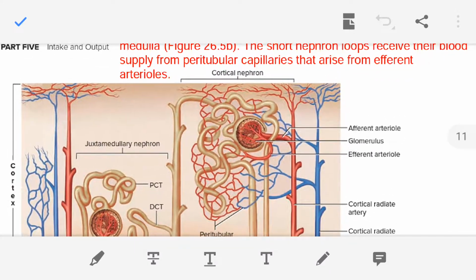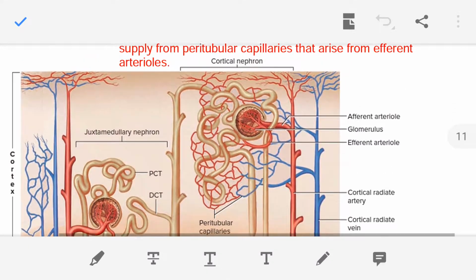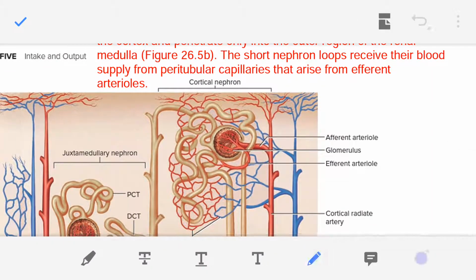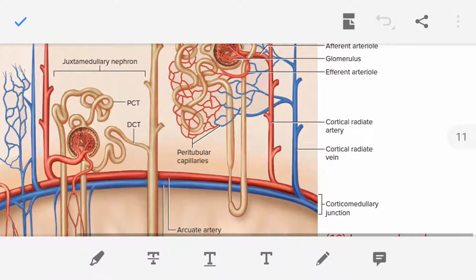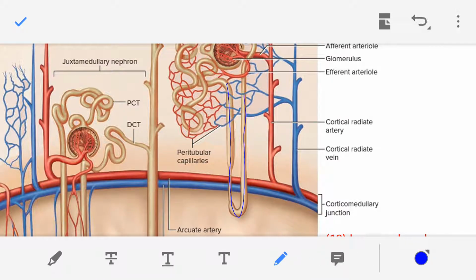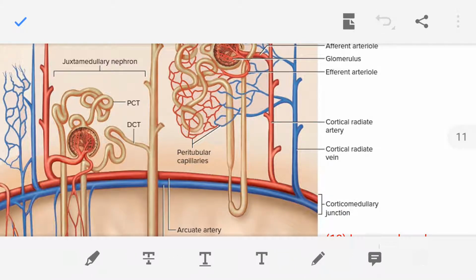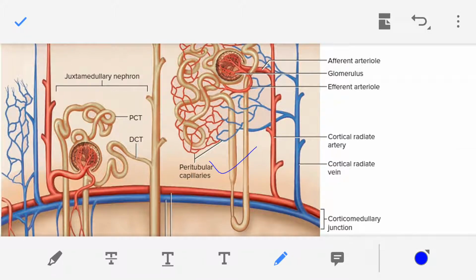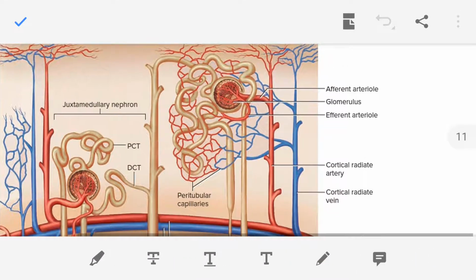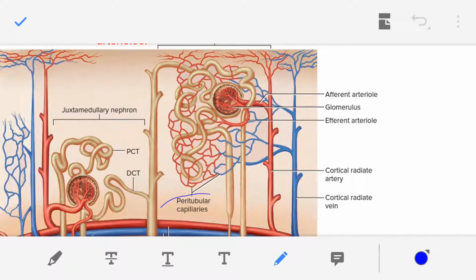For example, this portion is the nephron loop. On the surface of the nephron loop, as well as the PCT and DCT, this is how all these portions receive the blood supply.